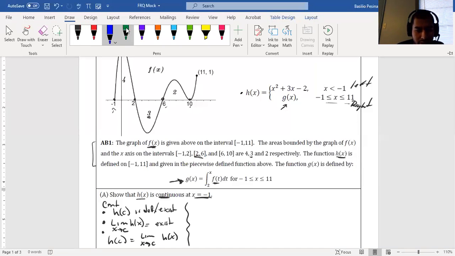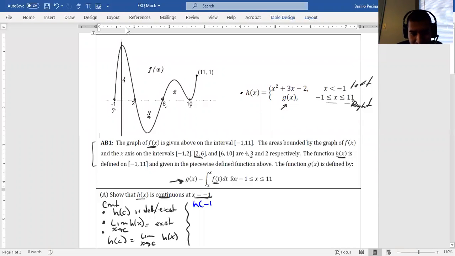Here we go. So h of c. I'm finding h of -1. So I'm going to find out, where is -1, on the left or on the right when x is less than -1?